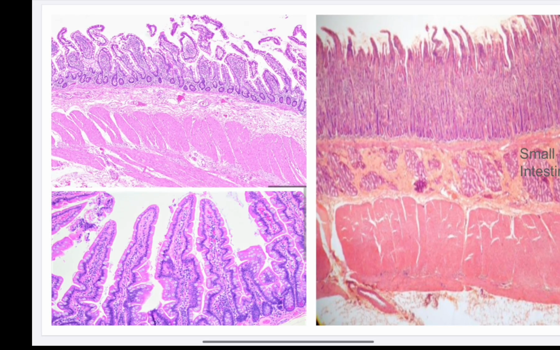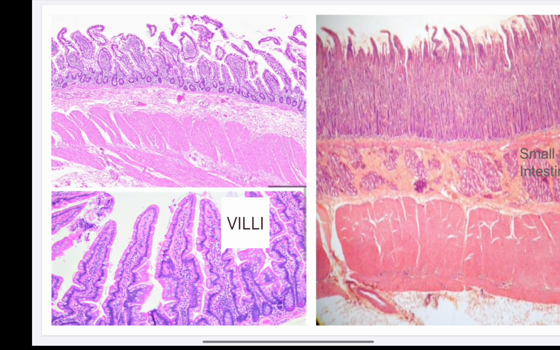Now we come to the next part, the small intestine. In the small intestine, you see long finger-like structures in the epithelial part. These are called villi. These are the same ridge foldings that we find in the stomach, where they are very short.